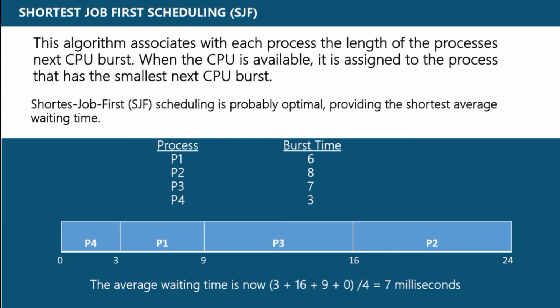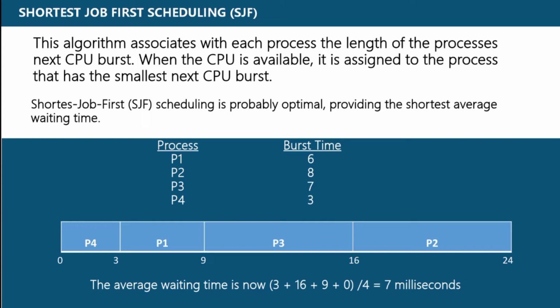The next CPU scheduling algorithm is SJF, the shortest job first scheduling. This algorithm associates with each process the length of the process's next CPU burst. When the CPU is available, it is assigned to the process that has the smallest next CPU burst.